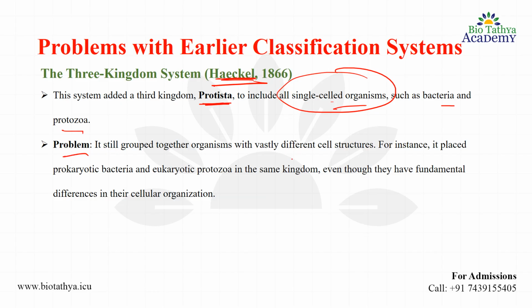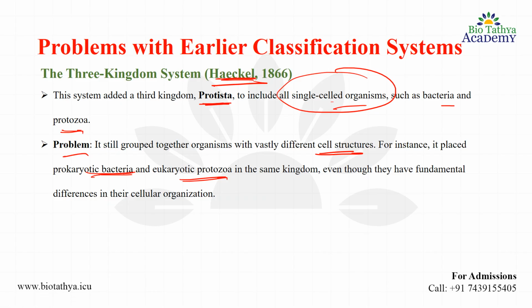But the problem which they faced was that the cell structures were different. Protista included all kinds of bacteria and protozoa, so the cell structures were different. For instance, it placed prokaryotic bacteria, which do not have a true nucleus, and eukaryotic protozoa, which do have a true nucleus.